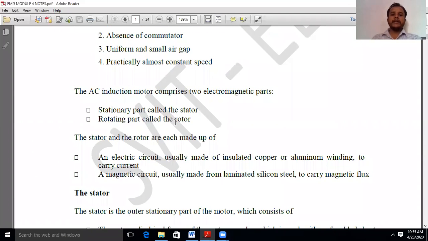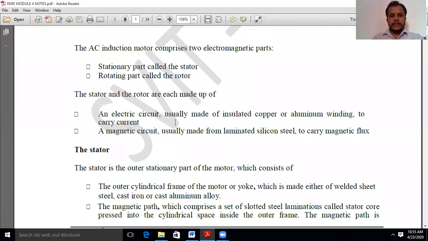The stator and the rotor are each made of an electric circuit, usually made of insulated copper or aluminum winding to carry a current. Again, a magnetic circuit is also there in the stator and rotor, usually made from laminated silicon steel to carry the magnetic flux. So this is the stator and the rotor.